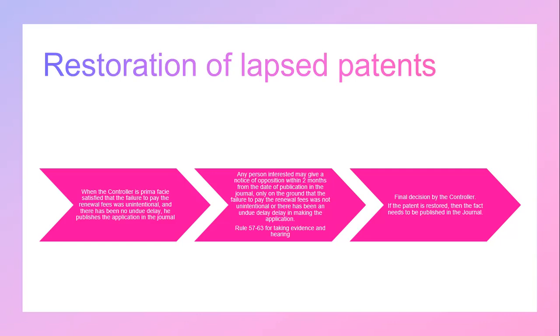They missed this one patent because they did not realize that the renewal fees had become due. And as soon as they realized that, I made the application. So they will probably show that we have a big patent portfolio and I missed one patent. Let's say I have 100 patents, out of which I'm paying for 90, and I have missed out on these 10 patents because I could not fathom the fact that my renewal date is coming close. And as soon as I discovered that these patents have lapsed, I made a restoration application. So this is one excuse.